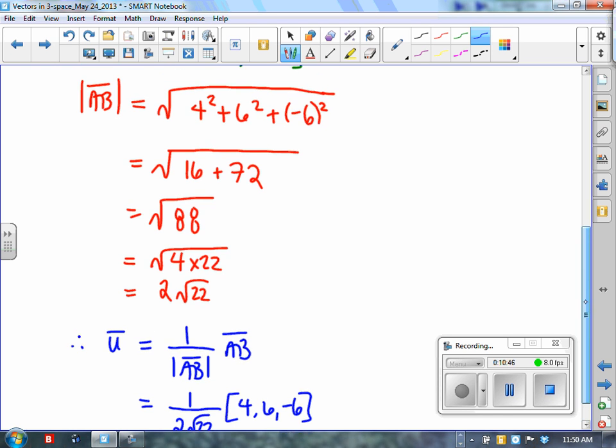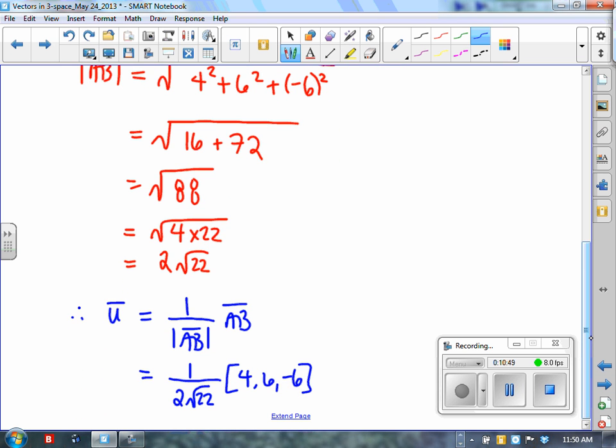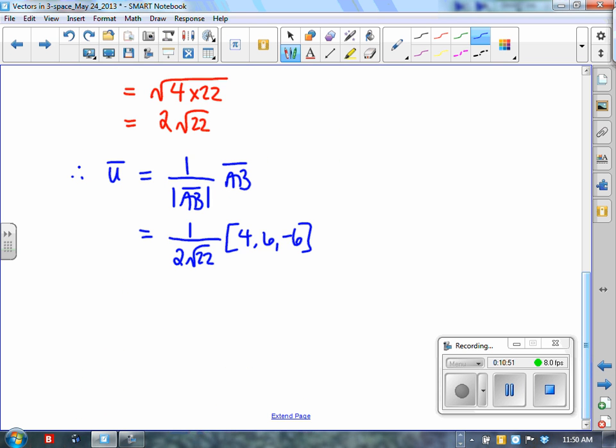And we'll just double check that we've got those coordinates correct. And yes, we do. Now, last but not least, we could leave it that way, or we could go one step further and simplify.